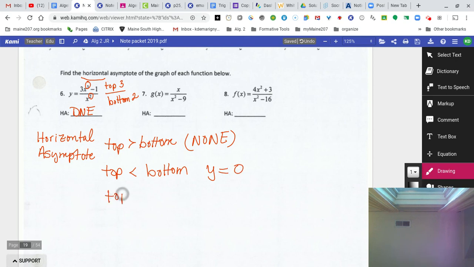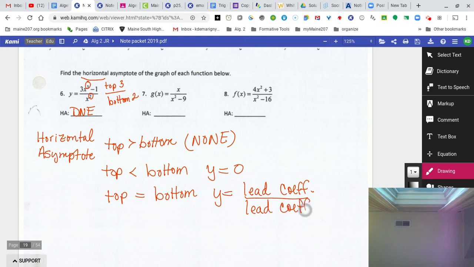And if the top is equal to the bottom, then it's always y equals your lead coefficient over your lead coefficient. And that's what you'll need to analyze for number 7 and number 8.